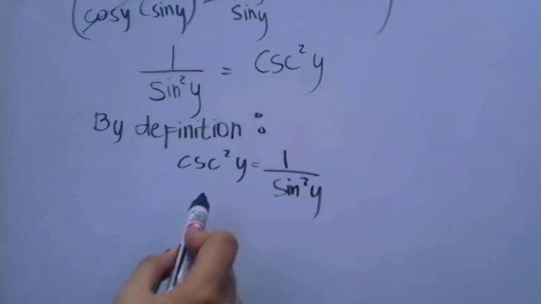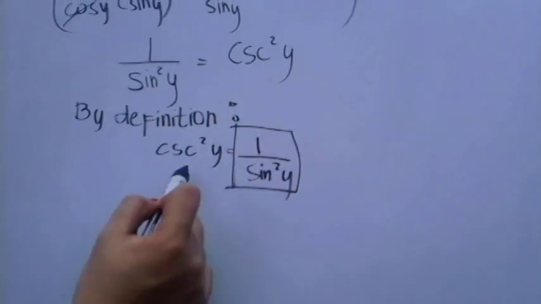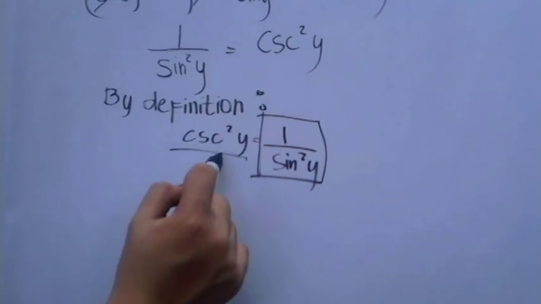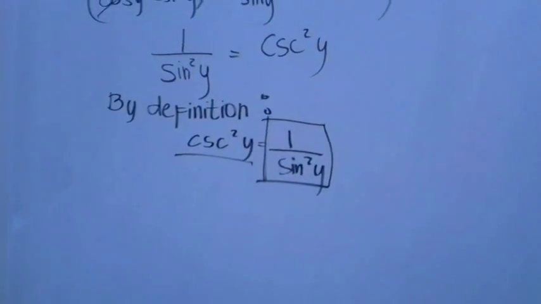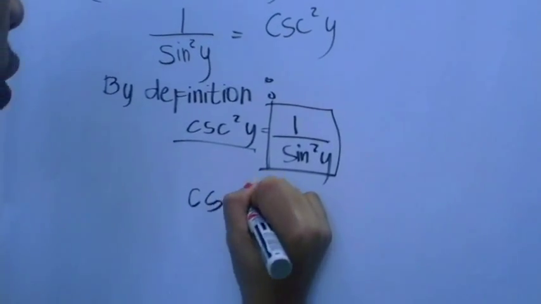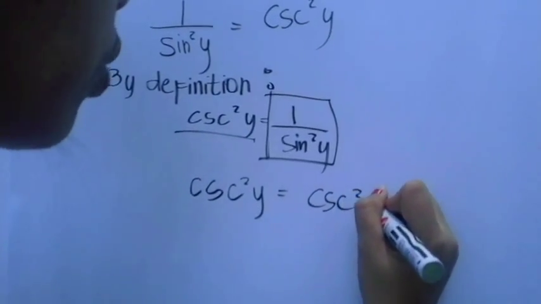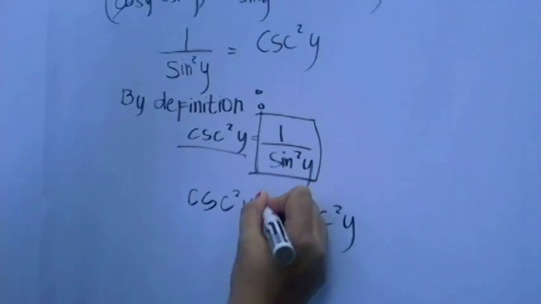So since 1 over sine squared y is equal to cosecant squared y, therefore we arrive with cosecant squared y is equal to cosecant squared y, which is true.